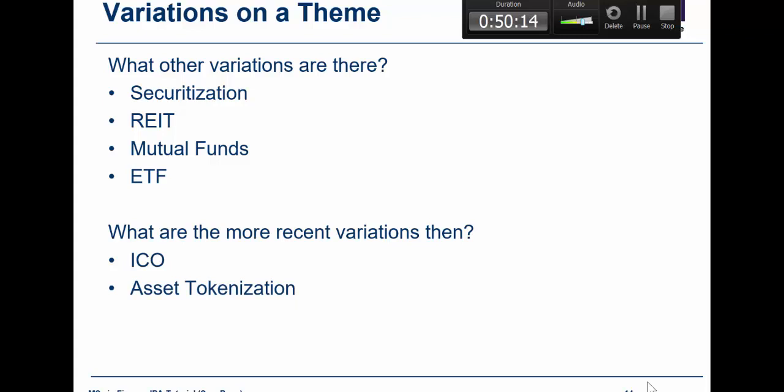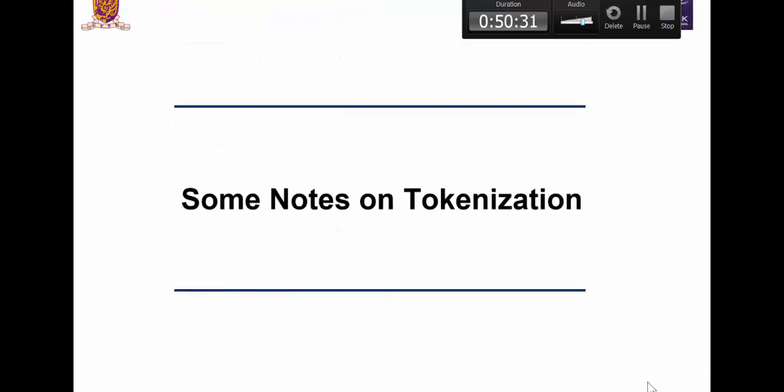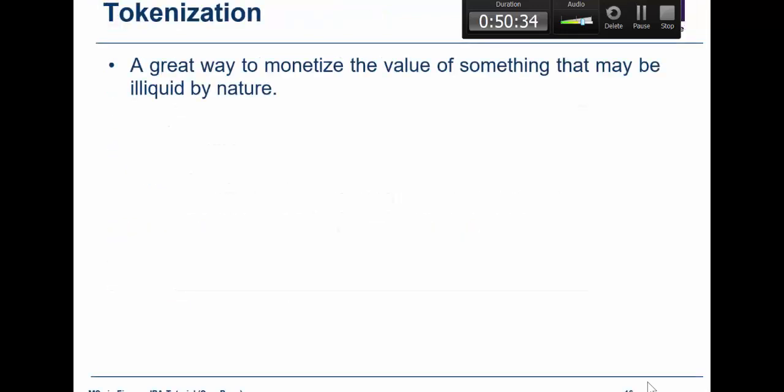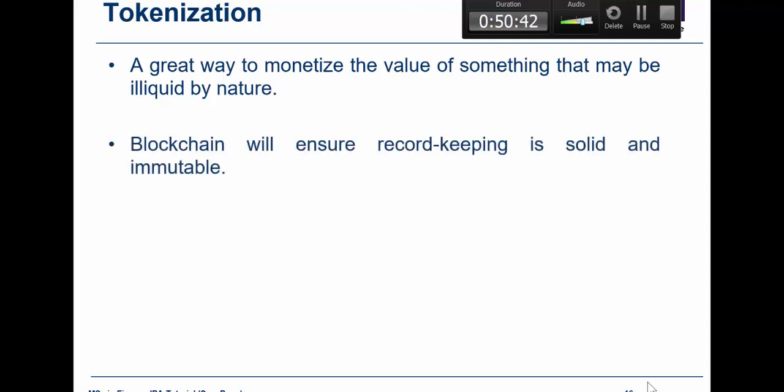Asset tokenization, again, is when you try to get a bunch of people to share things that could not be shared before, like a painting by Leonardo da Vinci, for example. Just some notes on tokenization. It is a way of monetizing the value of something that may be actually illiquid, or maybe it's physically not possible to share it.